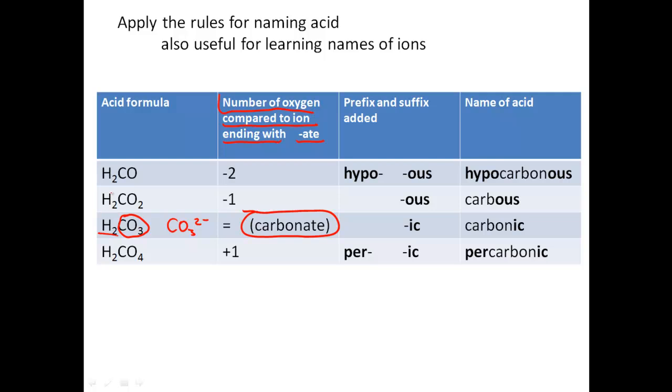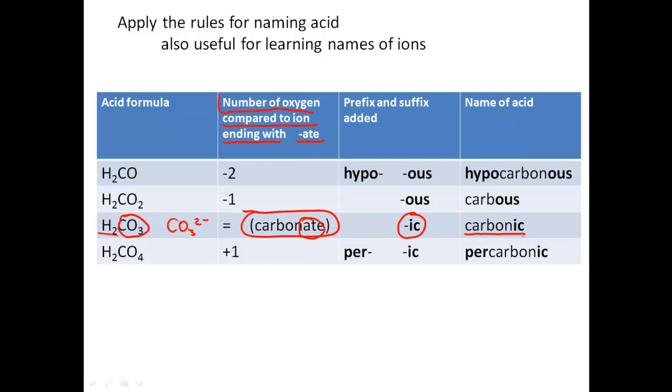And you would be right, but we want to learn how to name it as an acid. So to name this as an acid, we find the polyatomic anion with the right number of oxygen to end in ATE. So this is carbonate. Now if we put hydrogen on that, we simply call the acid carbonic acid. We put the ending IC and we call it carbonic acid.